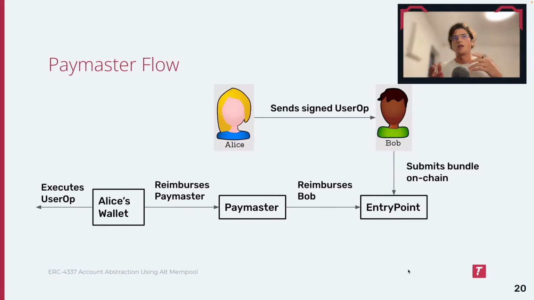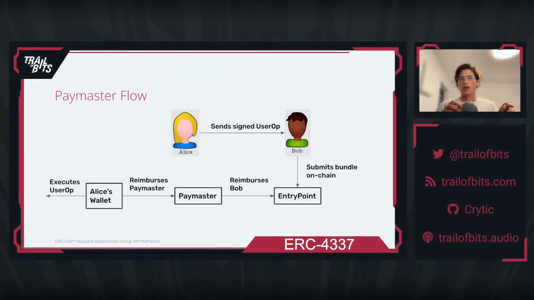Alice's wallet verifies that it allows this user op. The paymaster also verifies that it allows sponsoring Alice's transaction by paying the gas upfront. Then Alice gets to execute the user op, and the paymaster is reimbursed by Alice's wallet.